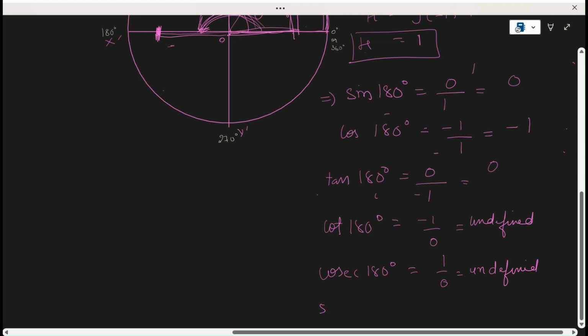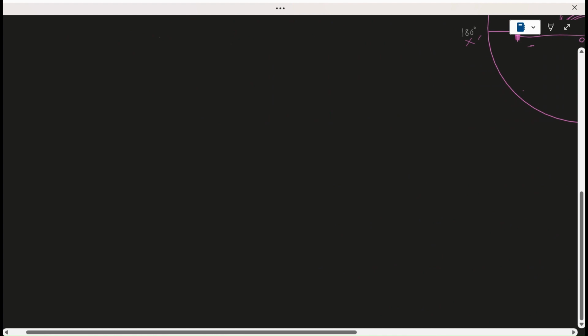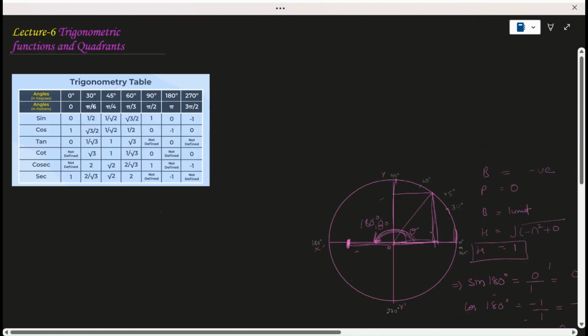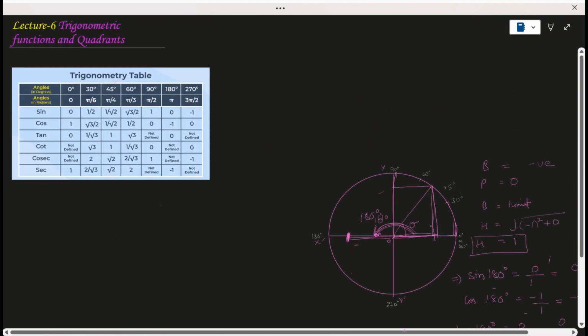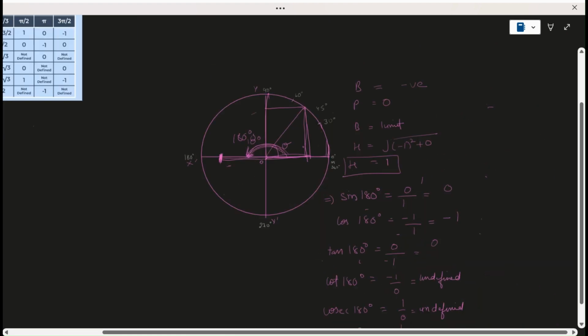And secant is the opposite of cosecant, 1 upon minus 1, that will be minus 1. Let us see the values in the table. For 180 we have sine 0, cos minus 1, tan 0, cot not defined, cosecant not defined, and secant minus 1.